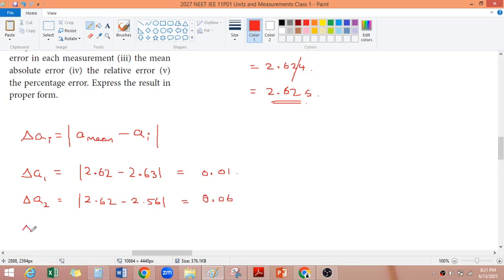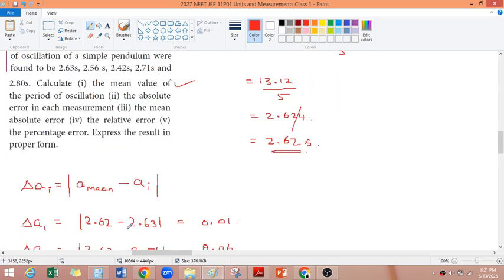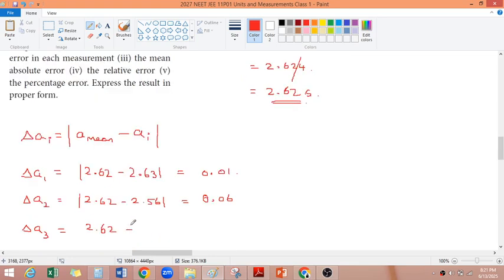Anybody not following? Any doubts? 2.62 minus 2.42. So that means this will be 0.20.